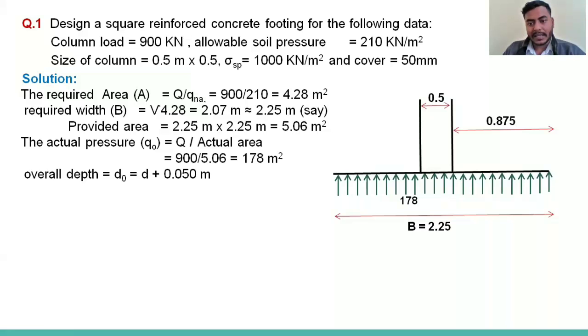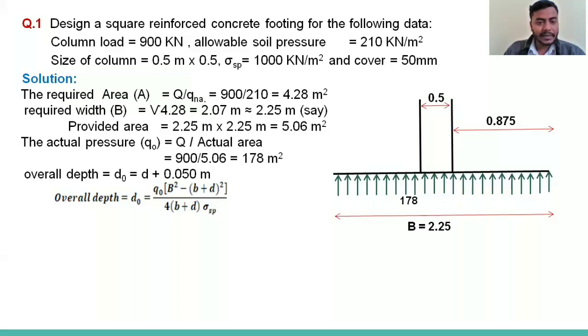It will come 0.875. And we have this relation, we have derived in the previous slides. By equating the punching shear force equal to the resisting shear force, by equating both equations, we can get this overall depth, right?